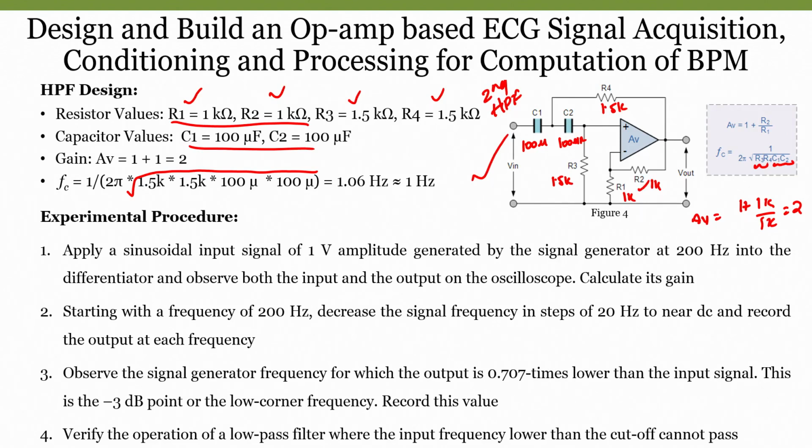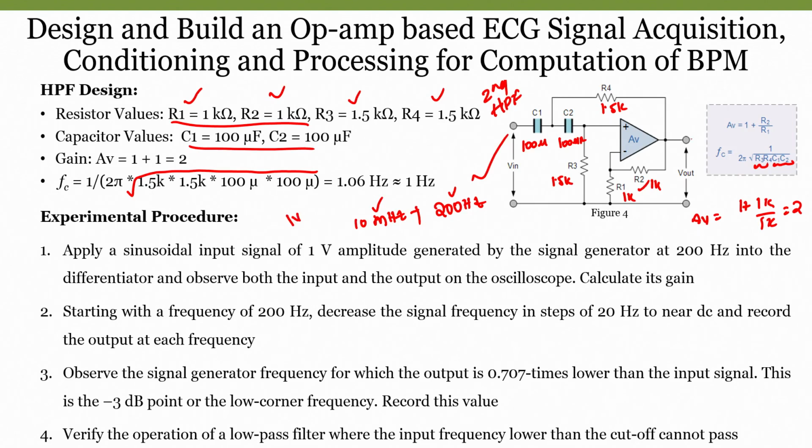Since the cutoff frequency is 1 hertz, we will go from around 10 millihertz to greater than 100 hertz, somewhere around 200 hertz also. We will slowly increase from this frequency to that frequency, and we will use an input signal of 1 volt.